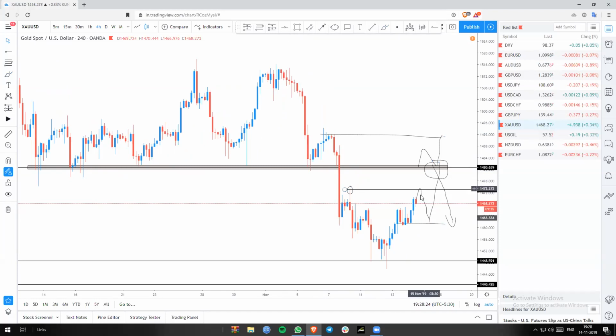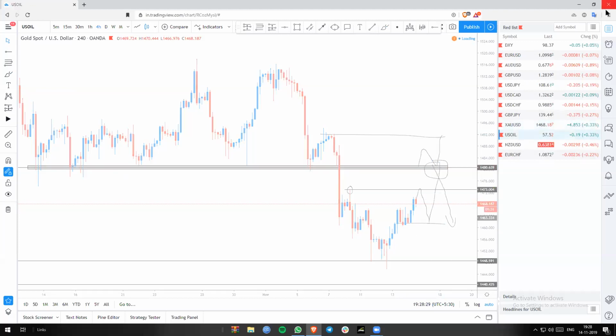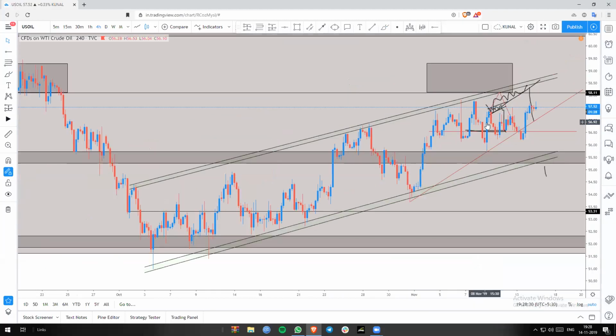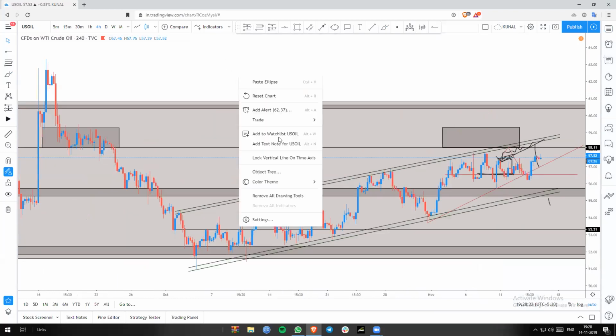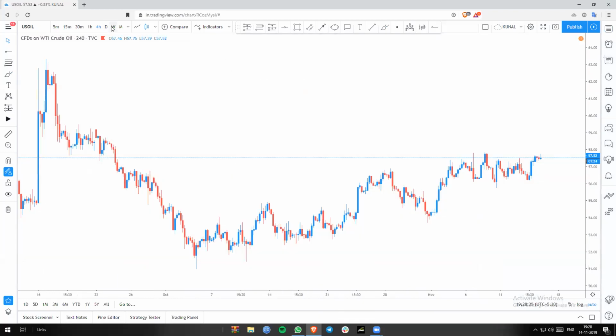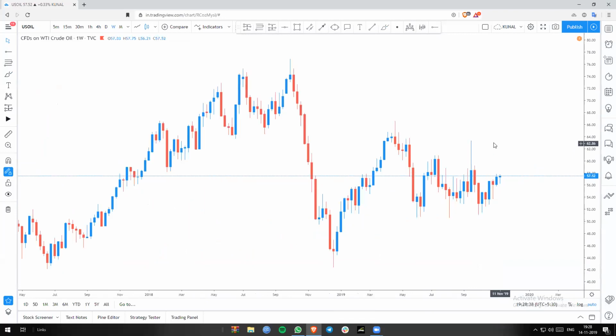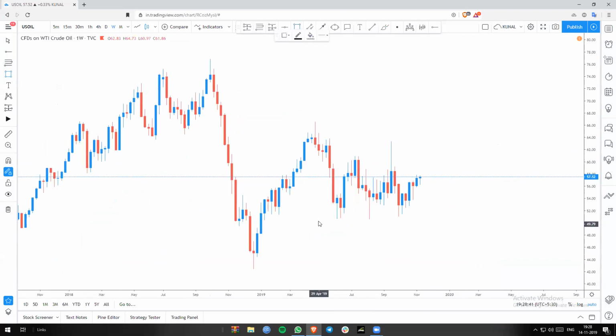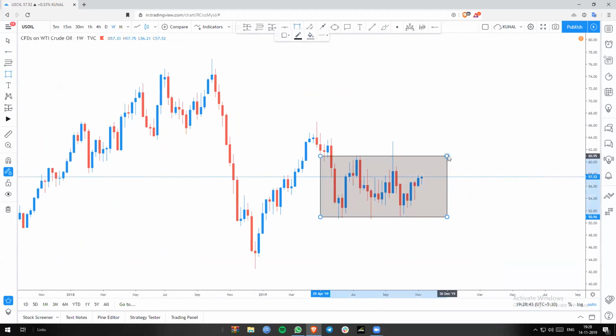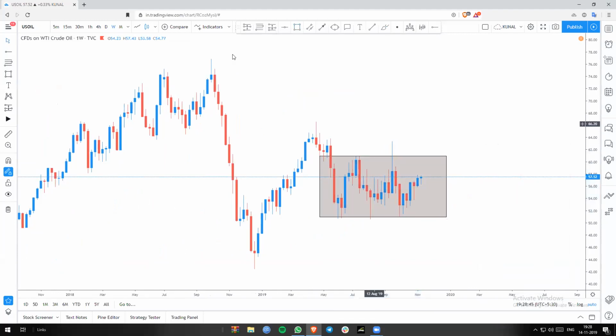So that is gold. So speaking about oil, oh my god, you see this? Based off of the weekly time frame, if we speak about oil, it's in a range, of course. Oil is in this range.